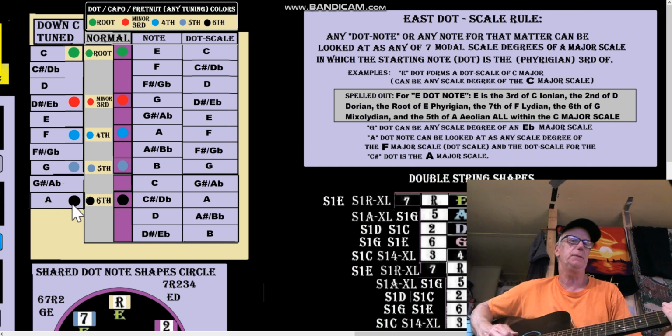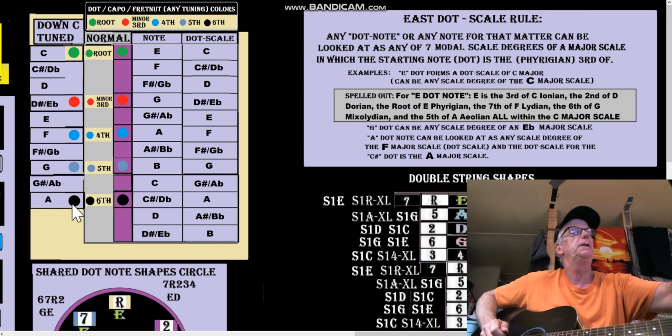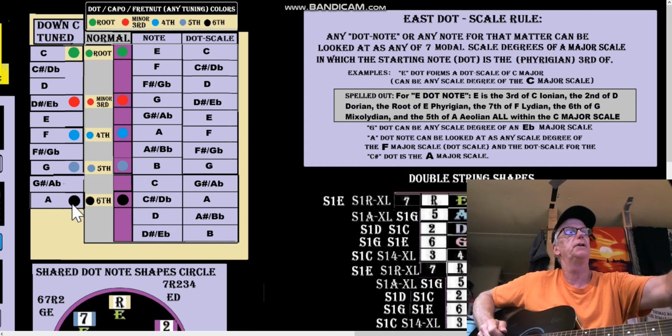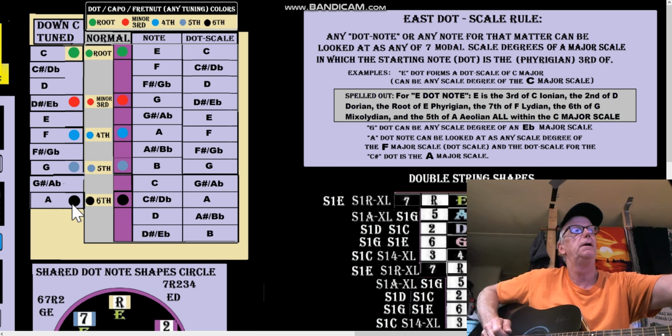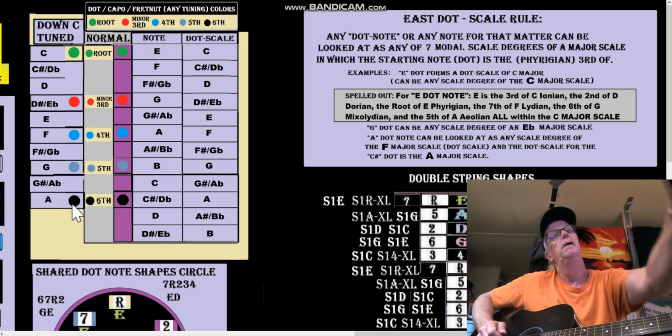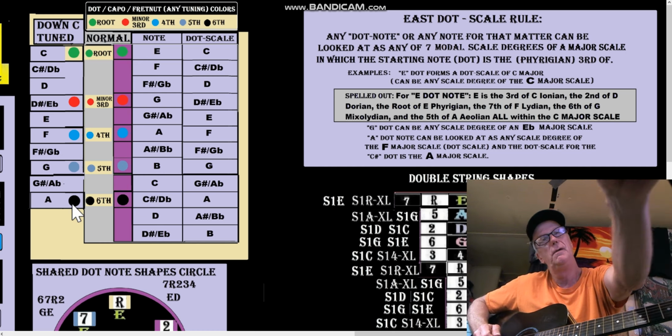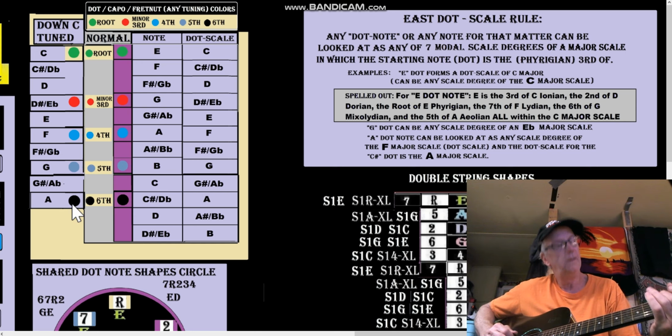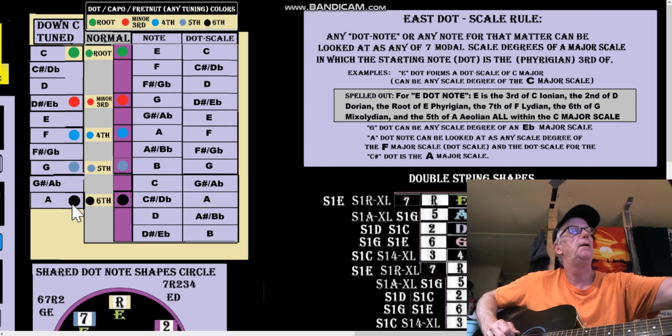Now a C shape starts on the 3. So it'd be like a pentatonic scale starting from the 3rd. It'd be, okay, that would be starting from the 3rd.